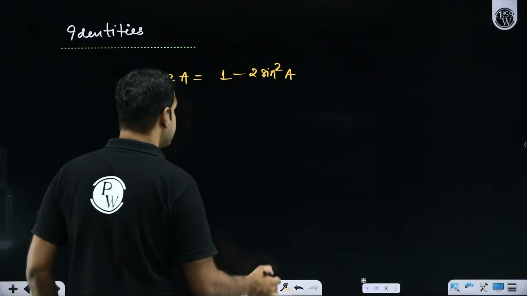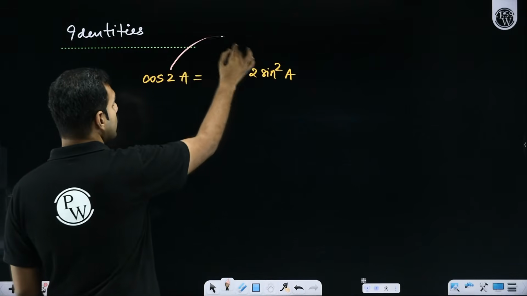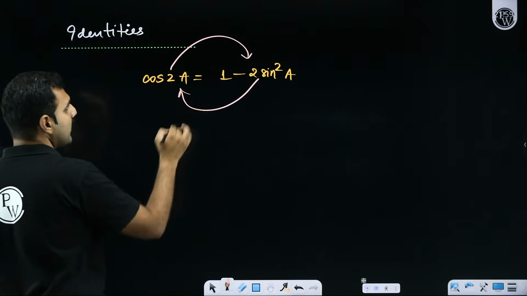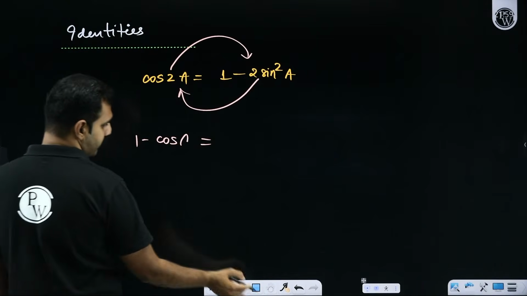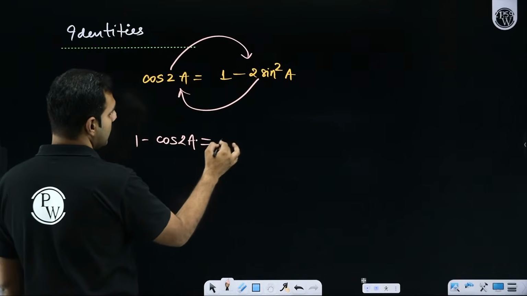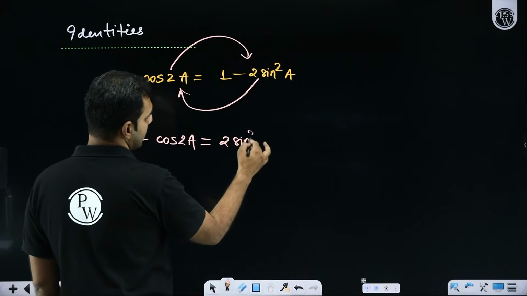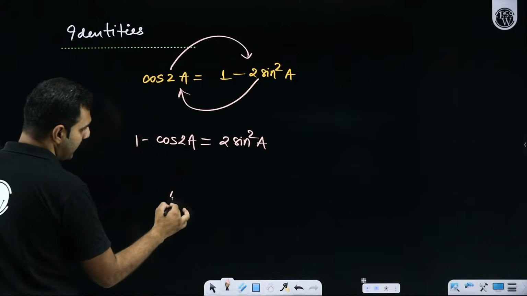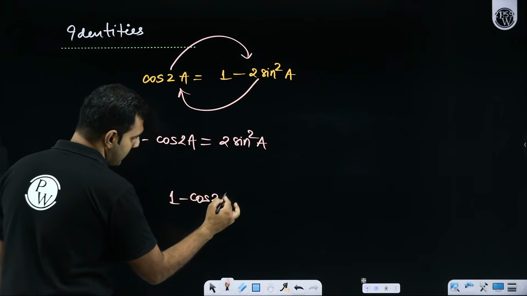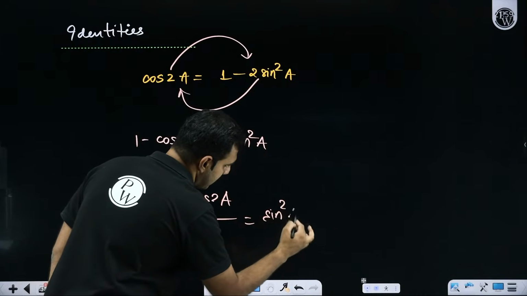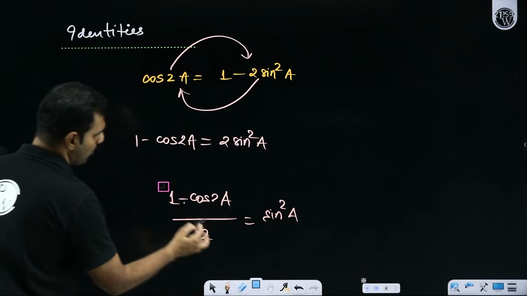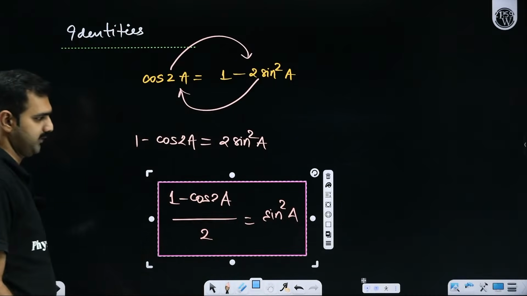Similarly here in this case, if I take cos 2a to the RHS, 2 sine square a to the LHS, I'll have 1 minus cos 2a is equal to 2 sine square a. If I simply divide it by 2 on both sides, it will be 1 minus cos 2a divided by 2 is equal to sine square a. So one more identity added to your list.